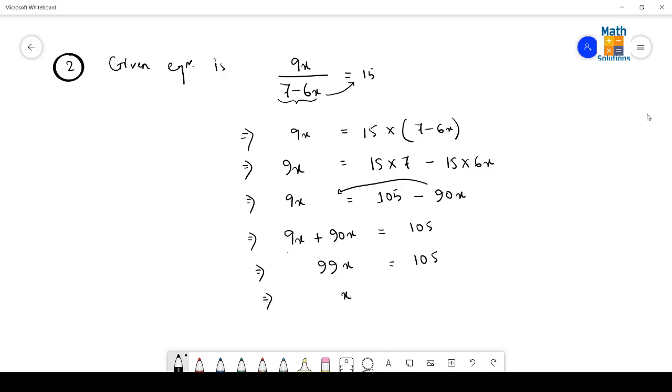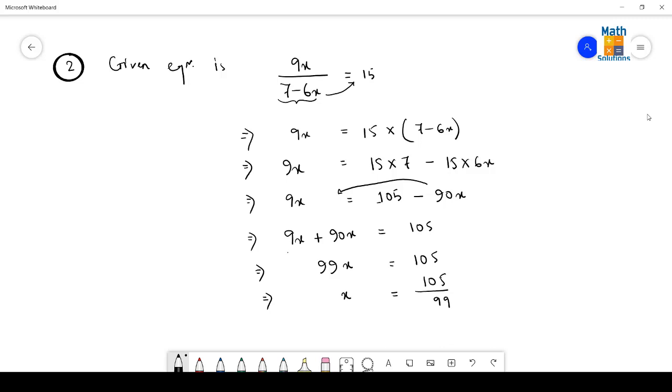Now to make x free from 99, we have to divide both the sides by 99, and this is the result we are getting. When we do cancellation, we get the result as actually by 3 we can cut both these two terms. 9 plus 9, it is 18, so divisible by 3. And then here in this case 105, if we sum up the digits, the sum comes as 6.